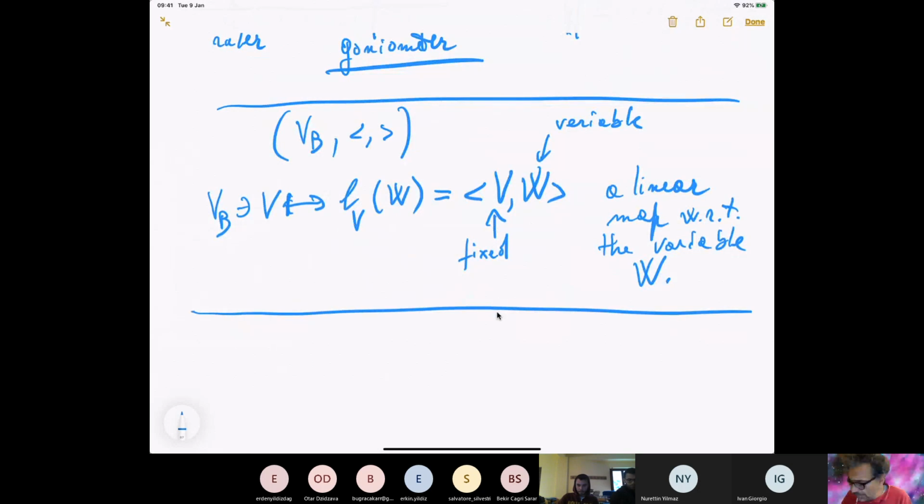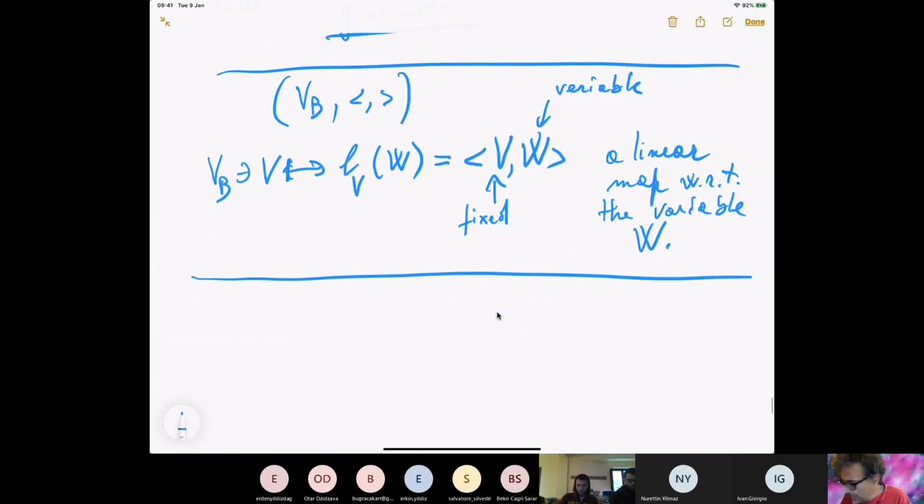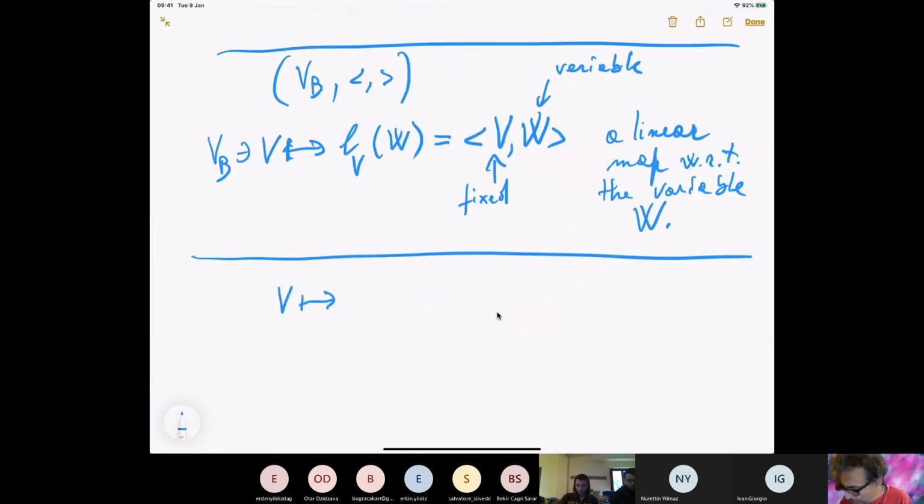We will prove in the next lecture, next Monday, that the map associated to V, LV, is one to one.